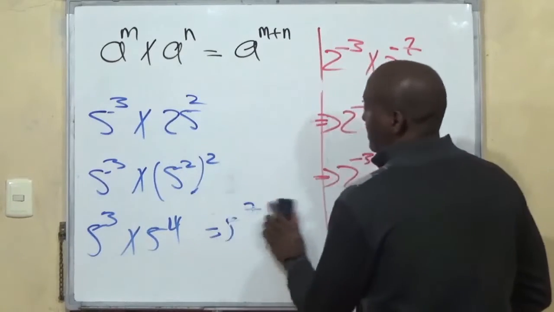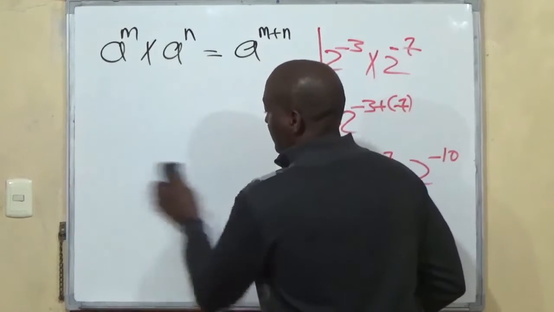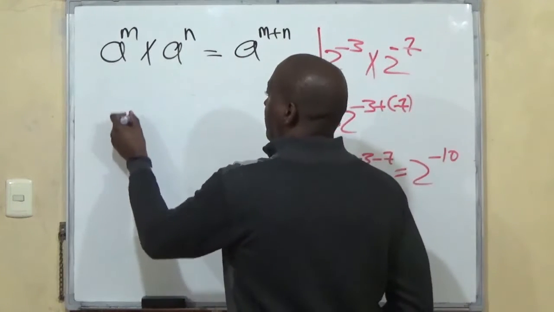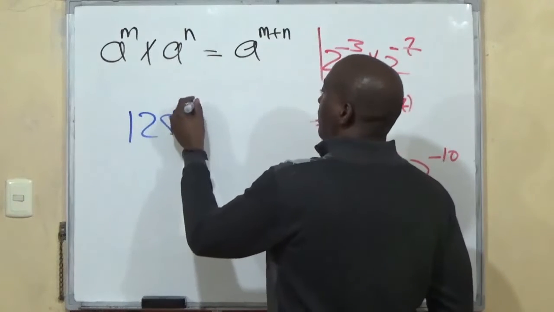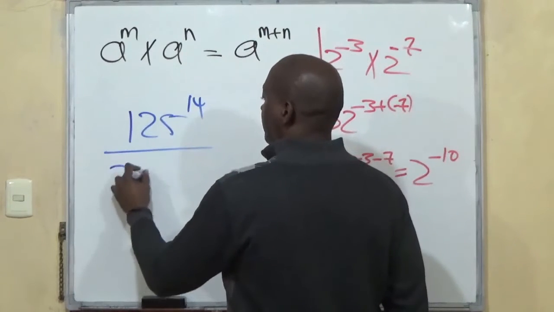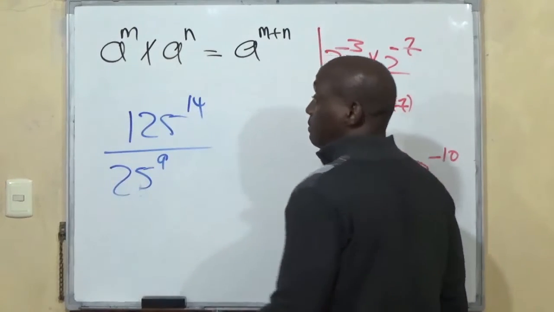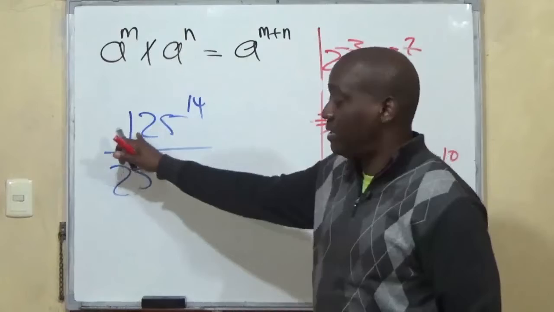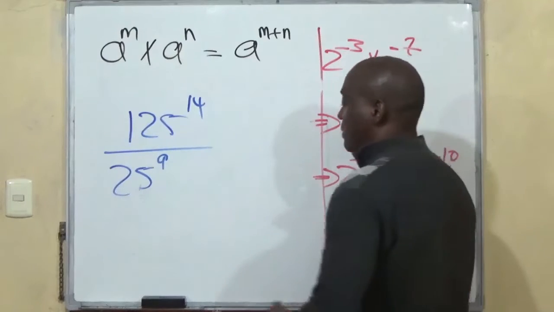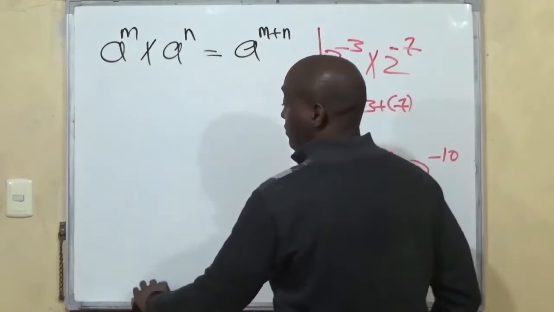As a very quick example, without trying to work it out, you might get a question that says simplify: 125 to the power of 14 divided by 25 to the power of 9 or something like that. 125 is a power of 5, 25 is a power of 5, bap, bap, bap, boom, question done. We leave that for another time. Probably we'll work it out when we get to one of the other rules.